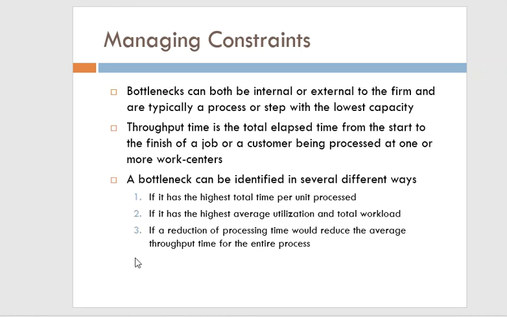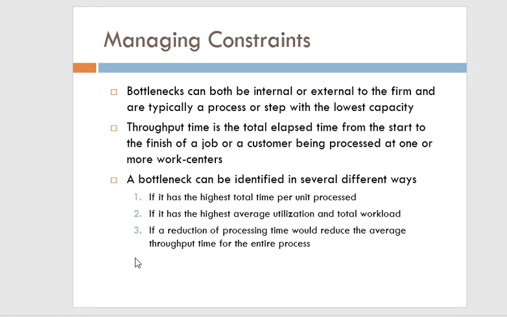So a bottleneck can be both internal or external to the firm, but typically it's a process or a step with the lowest amount of capacity. So as I discussed earlier, when you're going through Kristen's cookies, think about what process or step has the lowest capacity, what the lowest number is available to do.